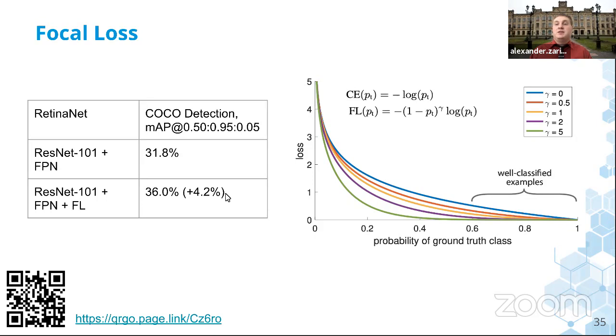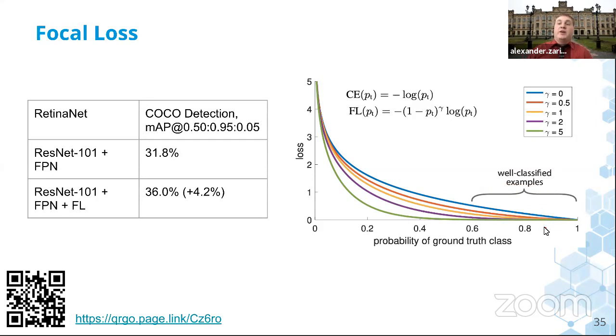All images contain only a small fraction of ROIs that really contain some object, and the vast majority of ROIs generated by the RPN contain background regions which are easily classified by our detector. And when we calculate loss for such regions using binary cross entropy loss, which is depicted in blue in this plot, the loss scores of such regions lie somewhere here in the well-classified region.